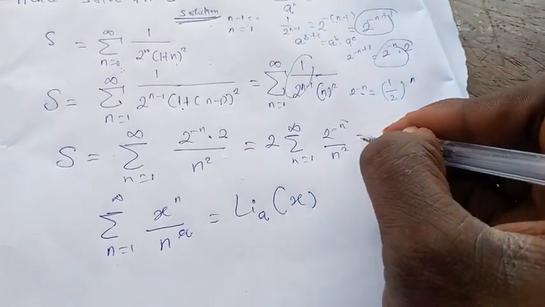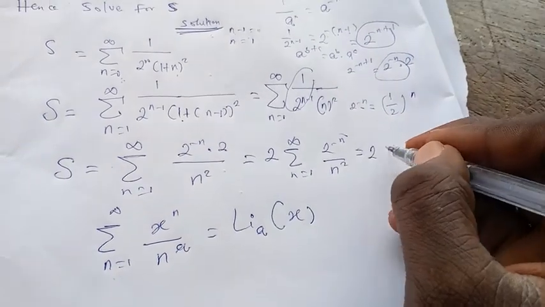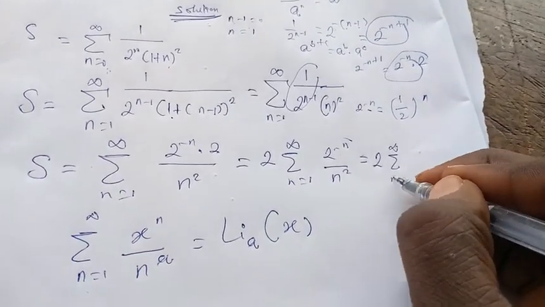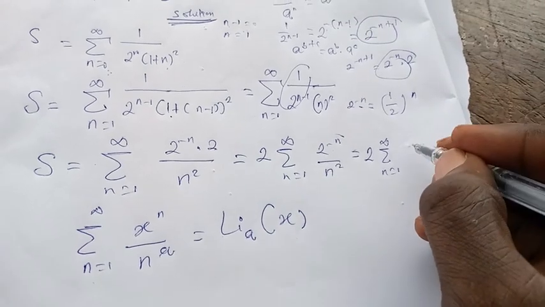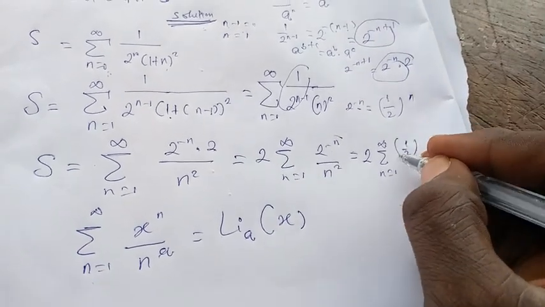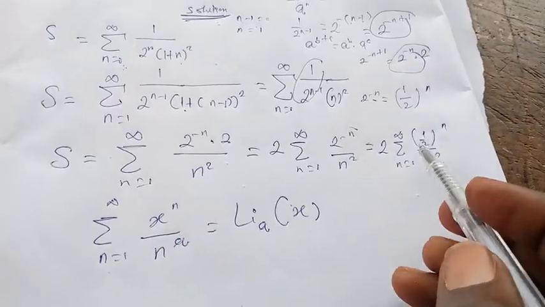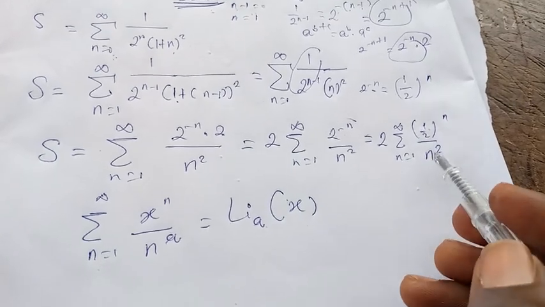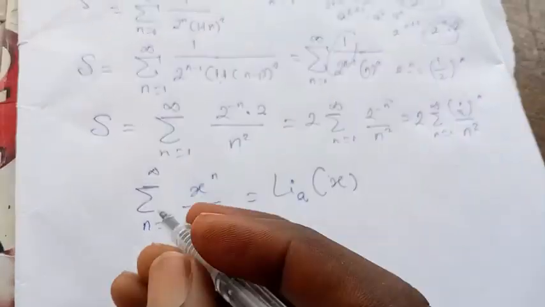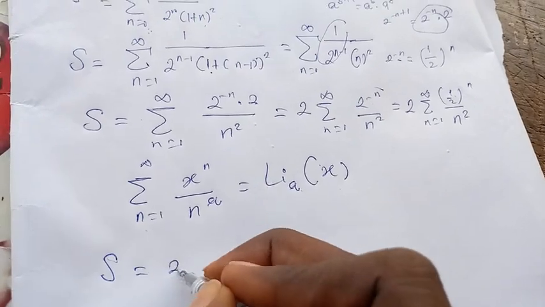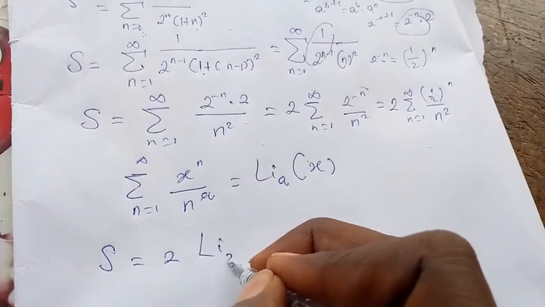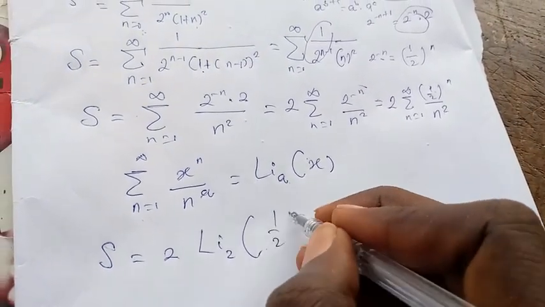So you can easily write this as 2 multiplied by the sum of n running from 1 to infinity of 1 over 2 raised to the power of n over n squared. Okay, so your x is 1 over 2 and your a is 2. So I'm going to have S is equal to 2 multiplied by Li 2 of 1 over 2.